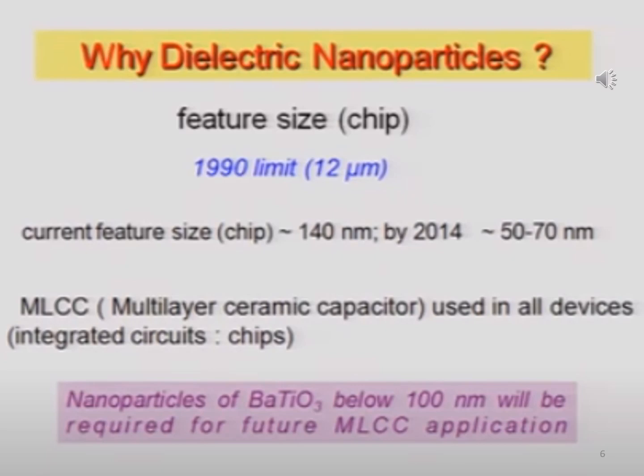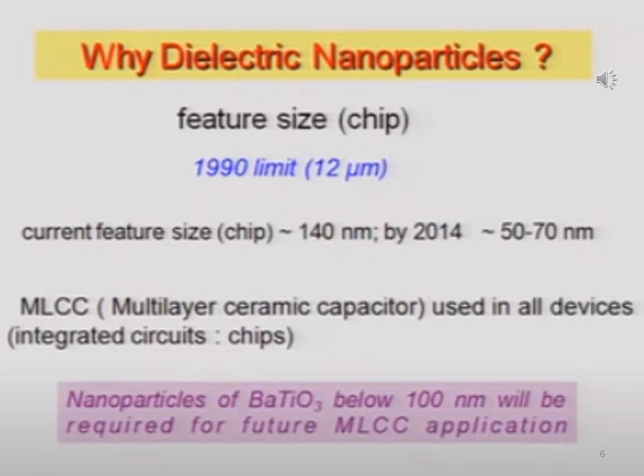Why does one need to discuss dielectric nanomaterials, or why does one want to look at the applications of dielectric nanoparticles? Why don't they choose micro-sized or bulk materials? What is the importance of these nanomaterials?